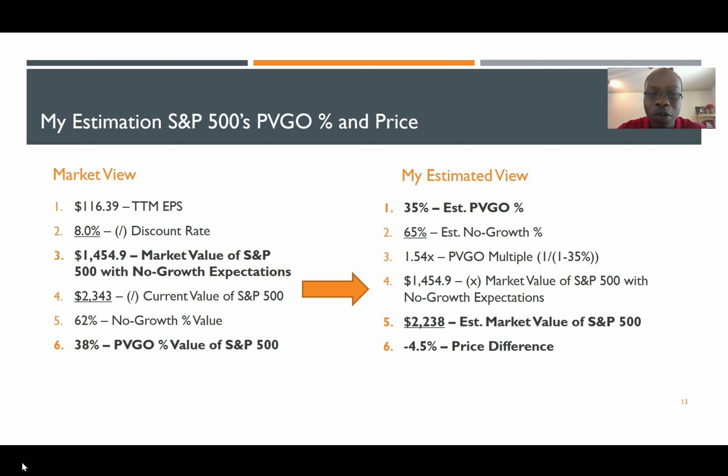You take that multiple, in this example approximately 1.5 times, multiply that by the no growth value of whatever stock or company you're looking at, in this instance the S&P 500, and then you get an estimated market value. So for the S&P 500, I think the market value is closer to 2,240, which is approximately 5% less than where it's at now.